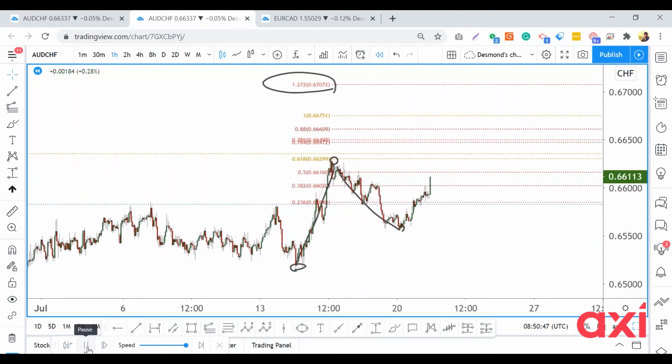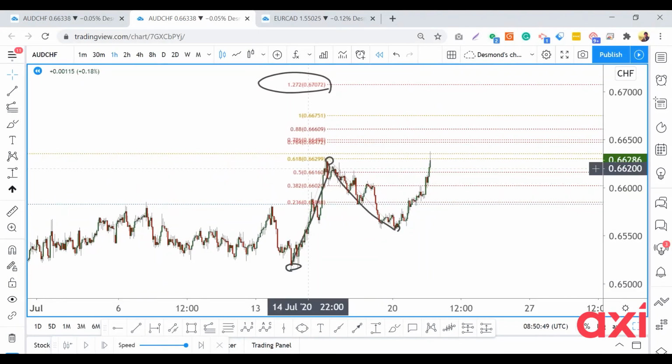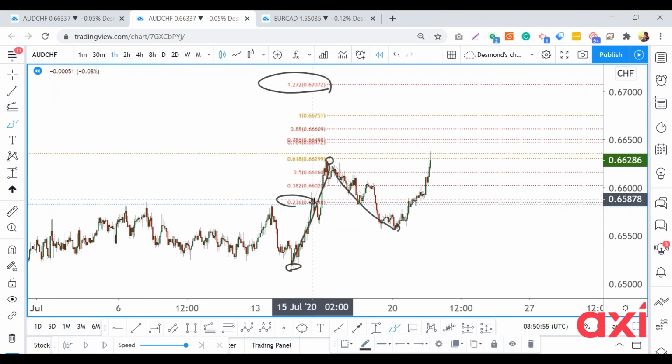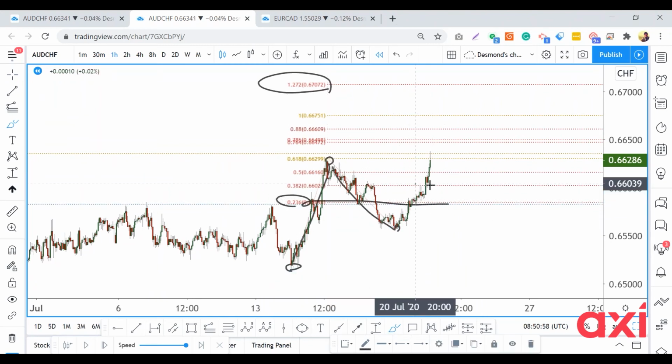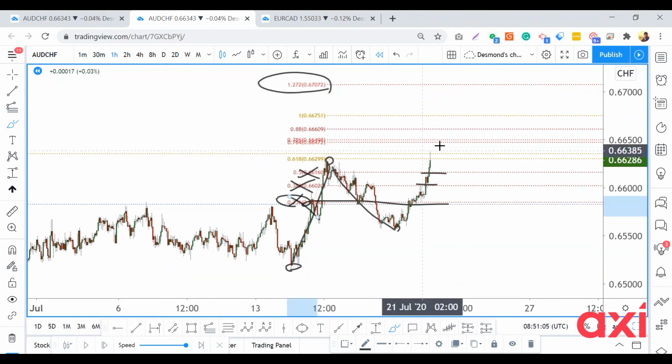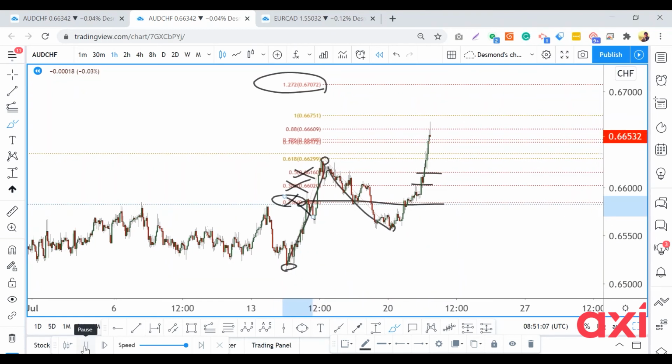And it goes to 38, and it goes to 50, it goes to 61.8. Every time it surpasses this level, it surpasses this level, it surpasses this, all of this becomes invalid.